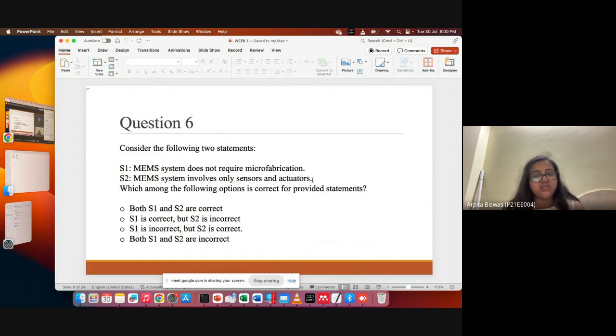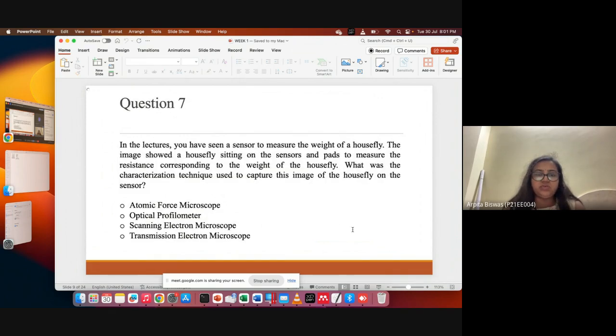Yes, definitely it is used for sensors and actuators, but MEMS is used in other areas also. So both are incorrect, and option D is the right answer. You can cross verify it. Okay, so we are moving toward the next question.